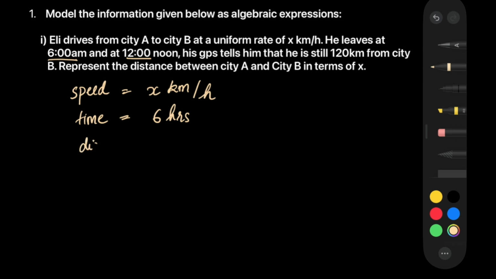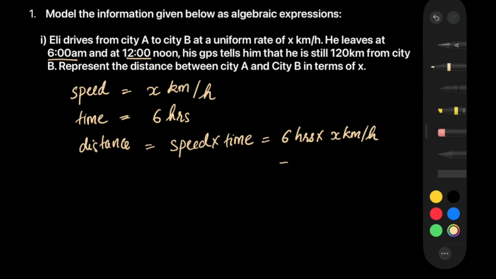So the distance he has already traveled is speed into time, which is equal to 6 hours into x kilometers per hour, which is 6x kilometers.